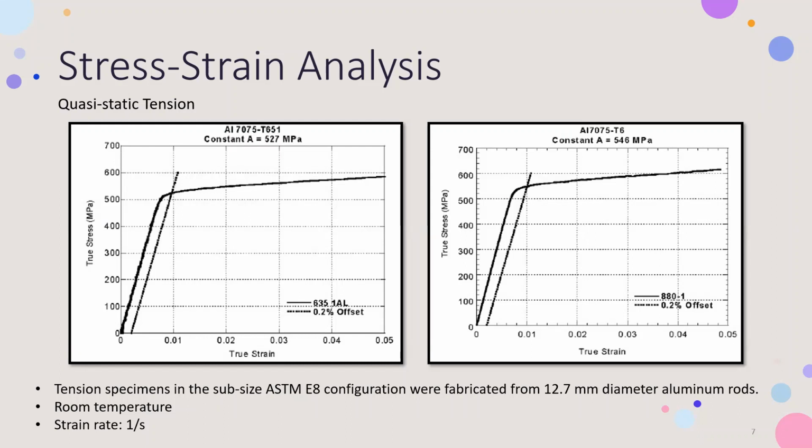And as you can see from both of these graphs, the left-hand side uses aluminum 7075 T651, and on the right it tests aluminum 7075 T6, and the offset method was used here to indicate the yield stress of both of these specimens. And basically, it shows that the aluminum 7075 T6 showed a higher yield stress than aluminum 7075 T651 in these tests.